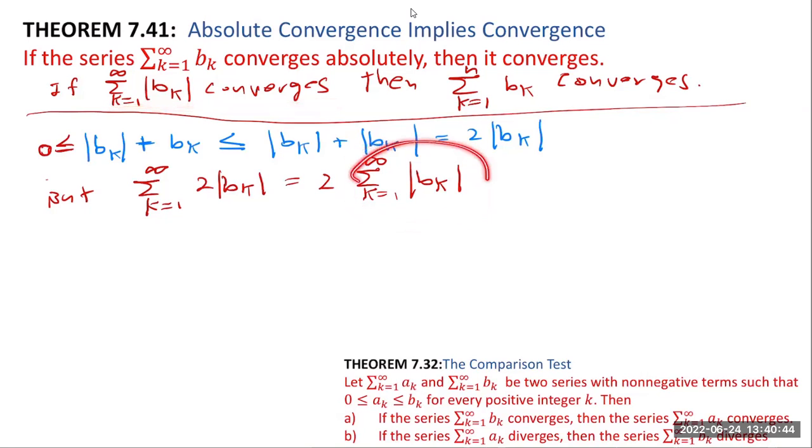So this exists as a real number. That means this series converges. If the bigger series converges, then by comparison test, the summation k goes from 1 to infinity of absolute value of bk plus bk also converges.